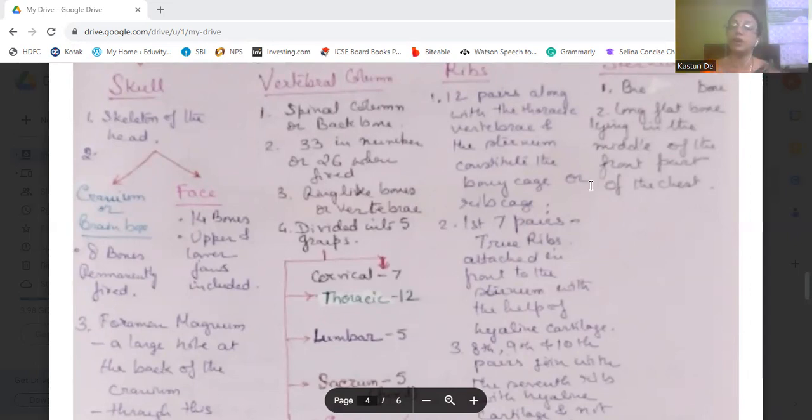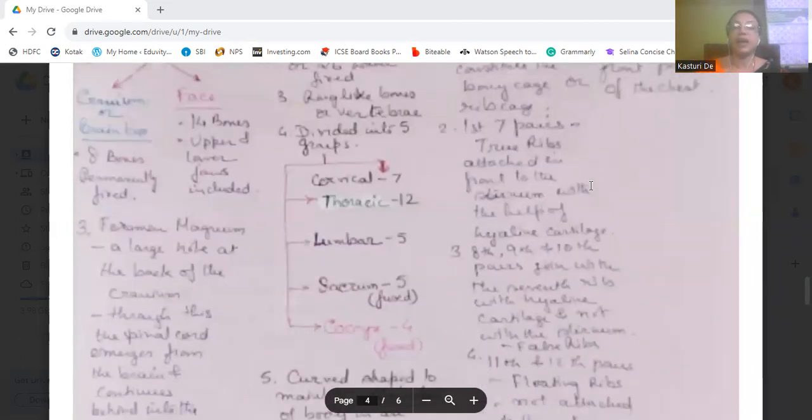But the face bones are 14 in number, and include the upper jaw and the lower jaw. The lower jaw is known as the mandible, and we can move it up and down. Another thing the skull has is the foramen magnum.